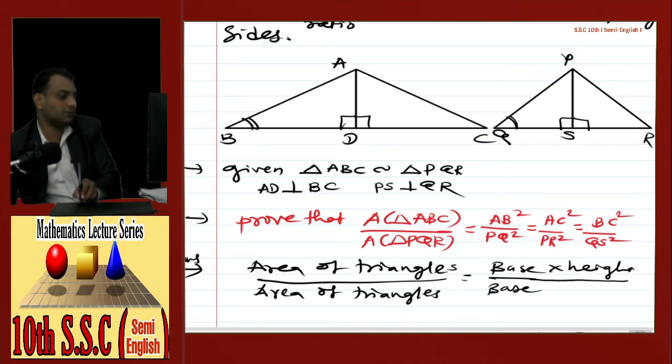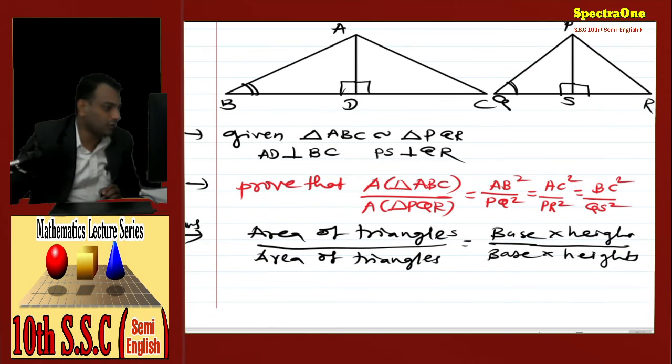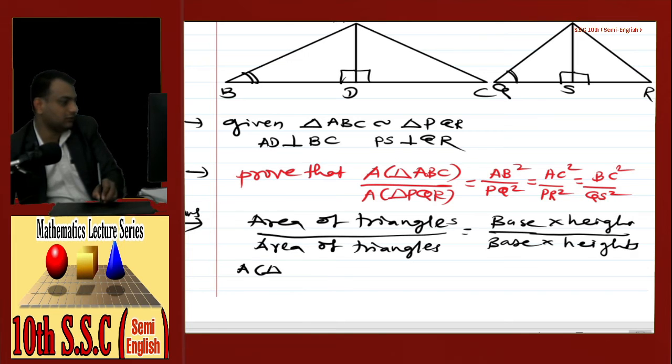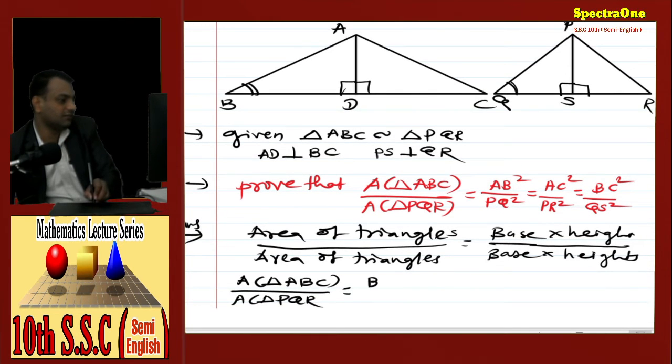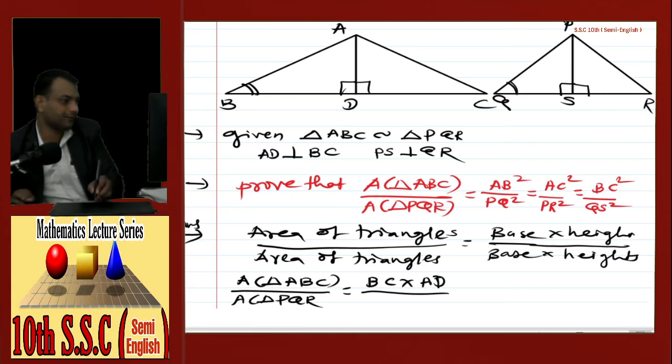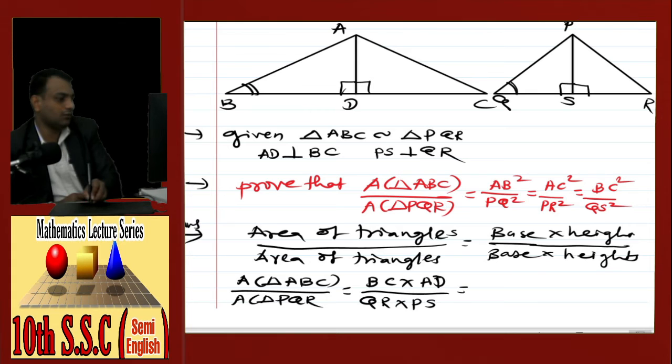Base into height. Suppose area of triangle ABC and area of triangle PQR equal to, base is given, that is BC into AD upon QR into PS, that is BC upon QR into AD upon PS.